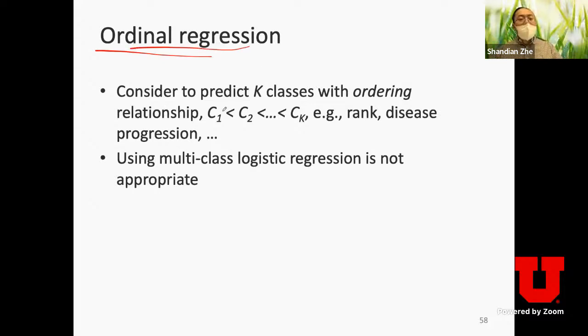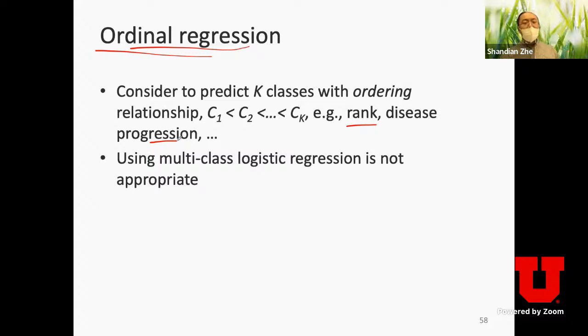So we have K classes where these labels have an ordering relationship like C1 less than C2, and so on, less than CK, right? So for example, rank, or disease progression, like Alzheimer's disease, you have 3 stages: normal, mild cognitive impairment, and severe. So this progression, of course, has some ordering relationship.